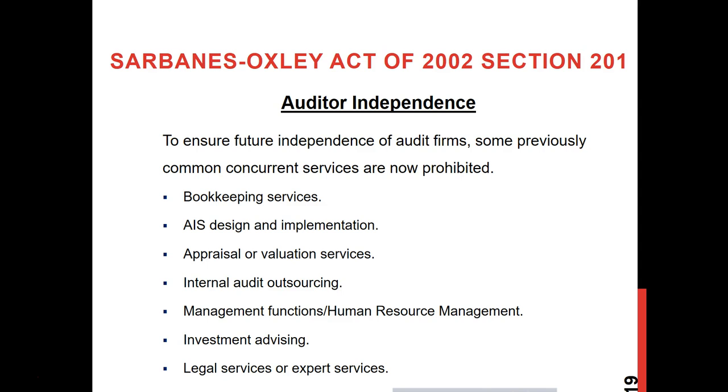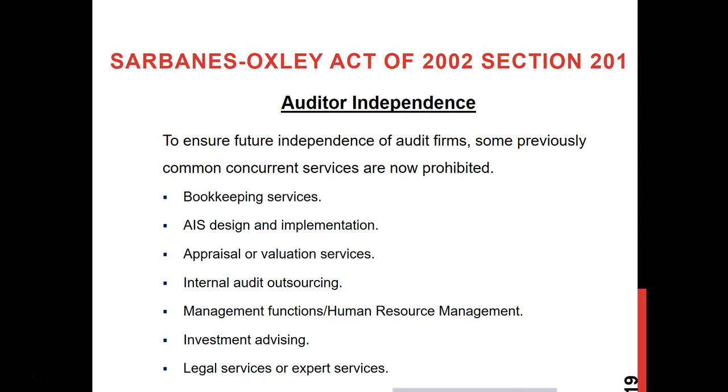So here again, the PCAOB and Sarbanes-Oxley want to ensure auditors' independence. Here I want to focus on one part of the Sarbanes-Oxley or SOX Act, which is Section 201. According to Section 201, some tasks are now prohibited.